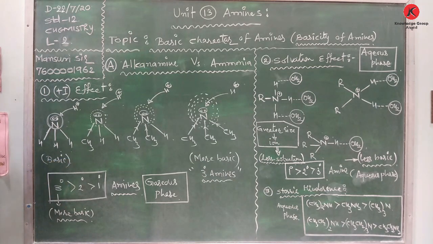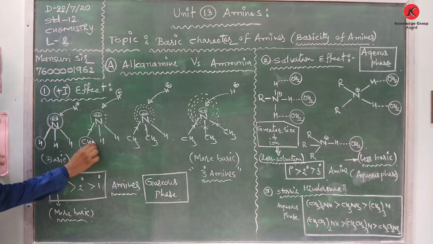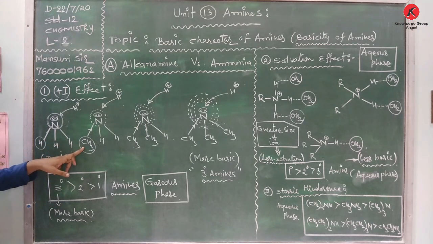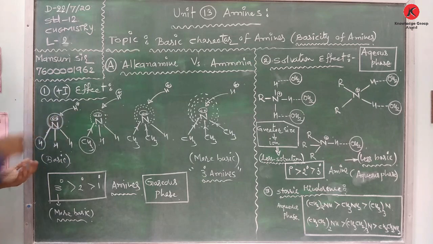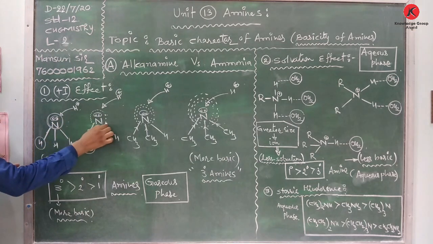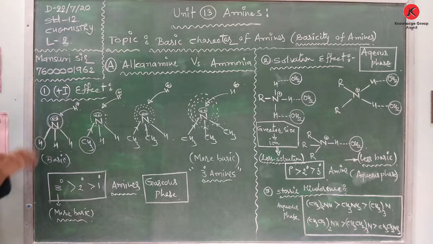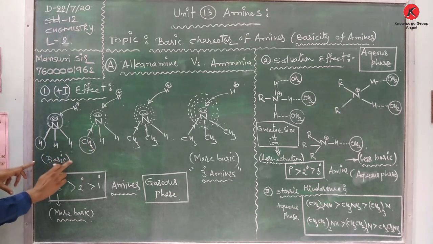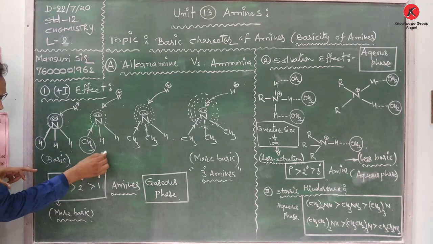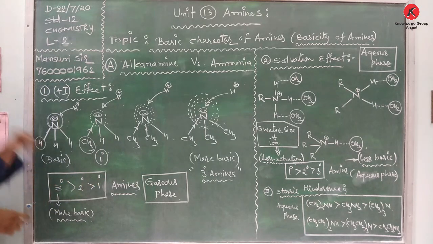But when a hydrogen is replaced by one alkyl group, that means one alkyl group is present on ammonia and forms a primary amine, then this alkyl group, this methyl group, is an electron releasing group. That is why the electron density on nitrogen increases, so protonation occurs very fast, rapidly. That is why it becomes more basic. So primary amine will be more basic than ammonia.